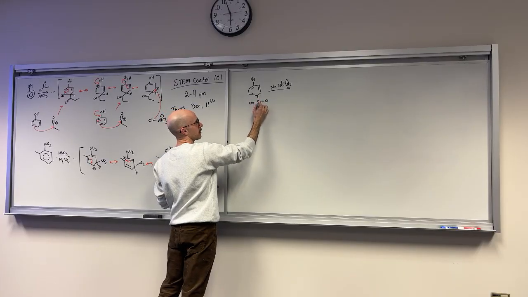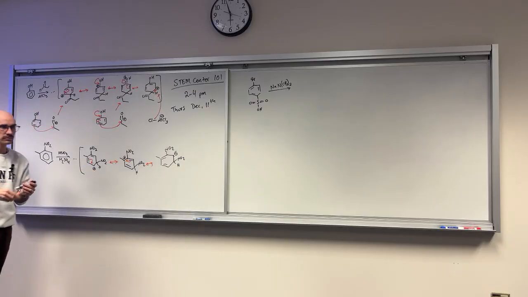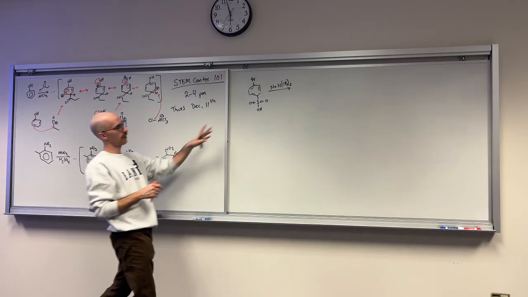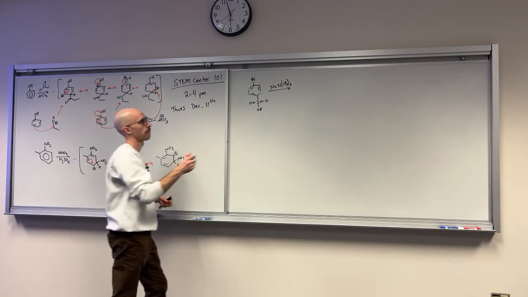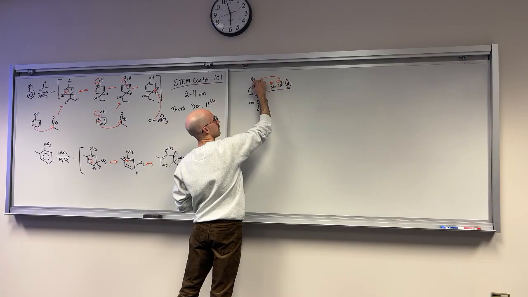resonance form. So I'm going to take my tosylate group and I'm going to draw it out so that I can show how the electron withdrawing group engages in the NAS reaction. And yes, imagine that, we can show it too in a little bit. So nitrogen here acts as a nucleophile.